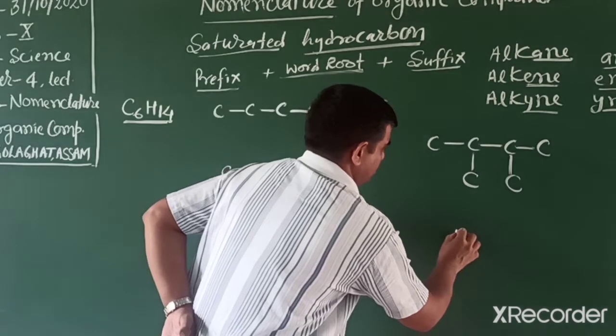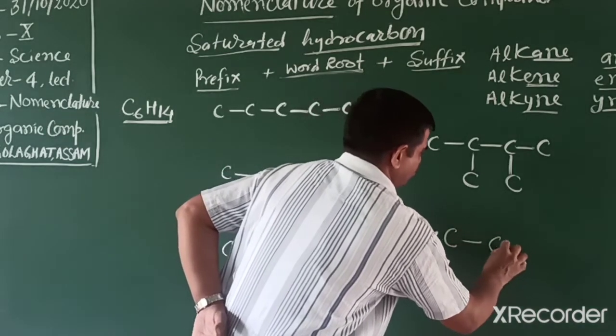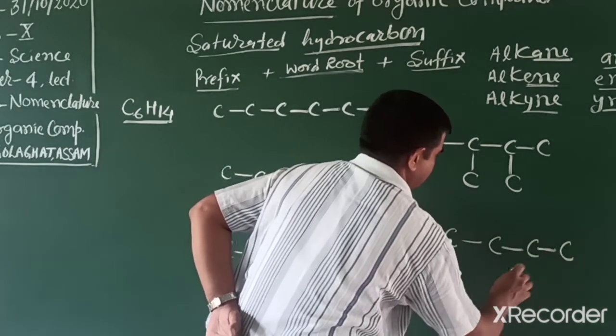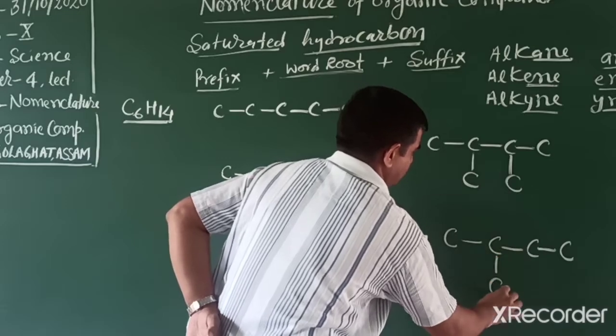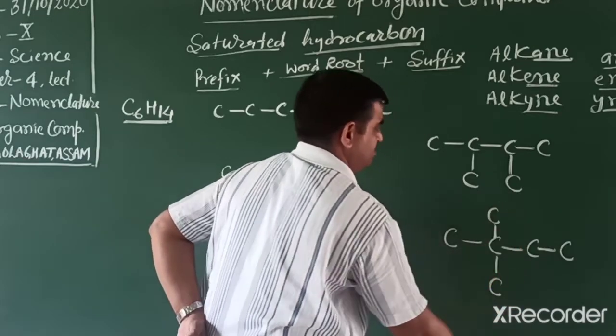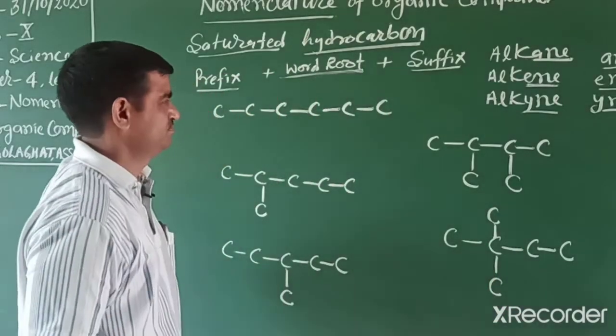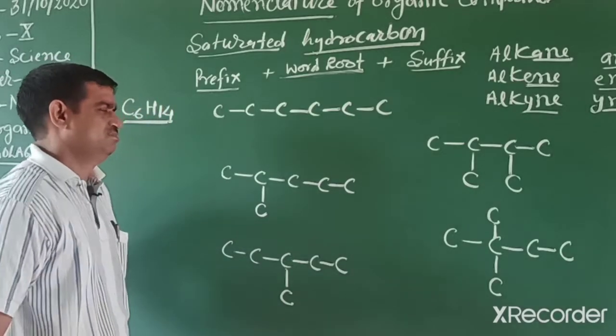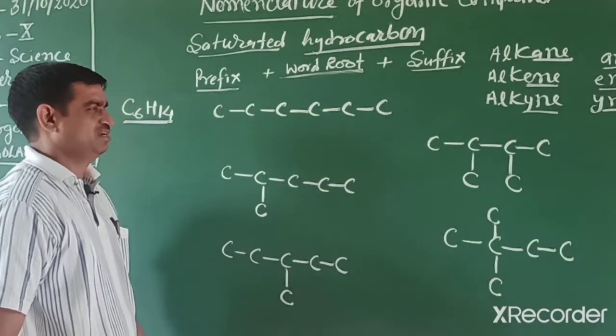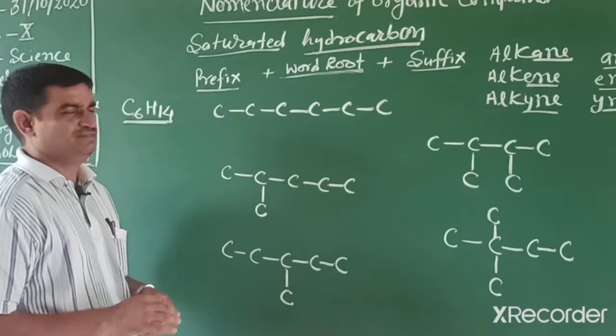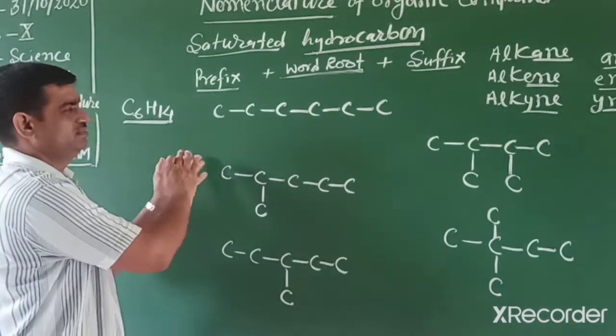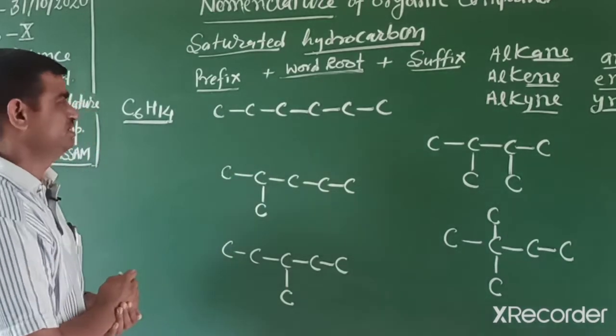Then we can write another compound, 4 carbon as a straight chain and 1 carbon on both sides. So now students, you can make more compounds also. If we try, we can find all their IUPAC names.